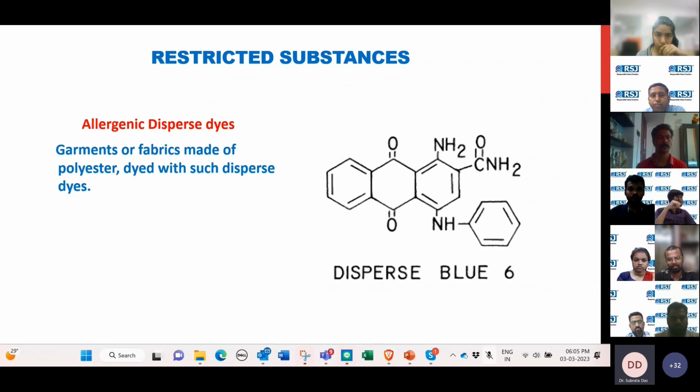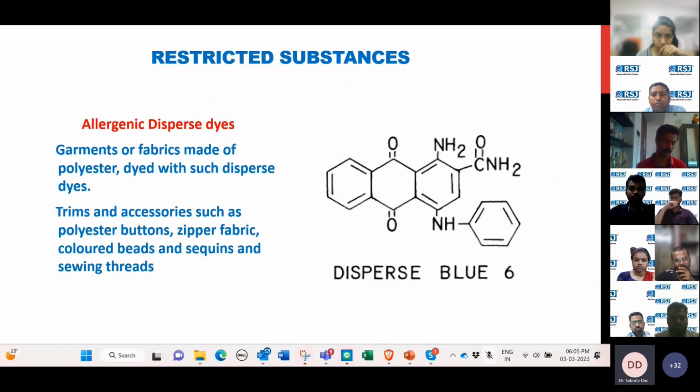Now, in certain cases, people use polyester fabrics with allergenic disperse dyes sometimes, especially Disperse Blue 6. It has a very bad effect on human health, because it is allergenic in nature. These disperse dyes should not be used. It is banned, and manufacturing of such dyes is banned.